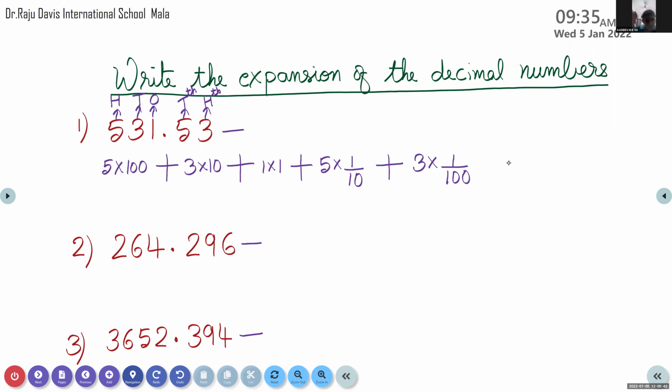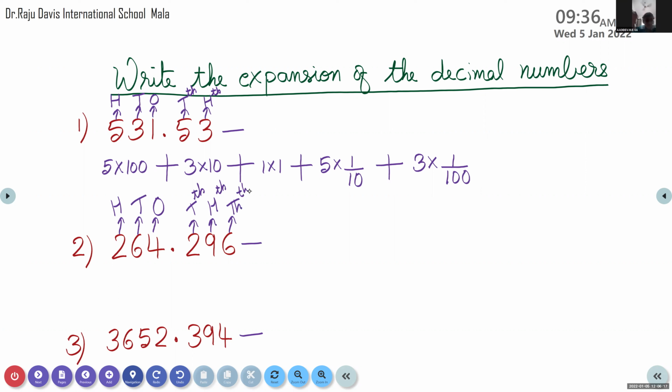Say the places first. 4 is in the ones place. 6 is in the tens place. 2 in hundreds place. Good. Now, after the point, 2 is in the tenth place. 9 is in the hundredth place. Okay. 6 is in the thousandth place.